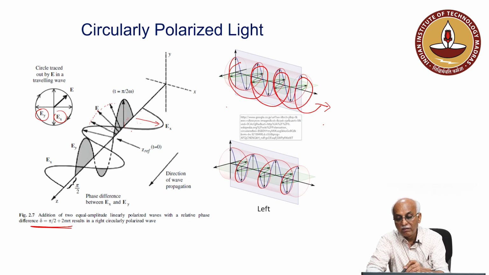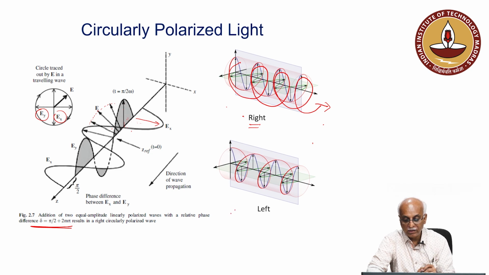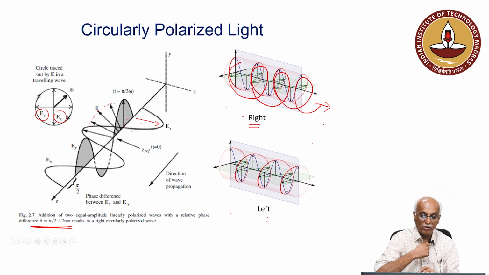However, the electrical field amplitude would be varying in this way, in an anti-clockwise direction, so it is right circular, or in a clockwise direction, so left circularly polarized wave.